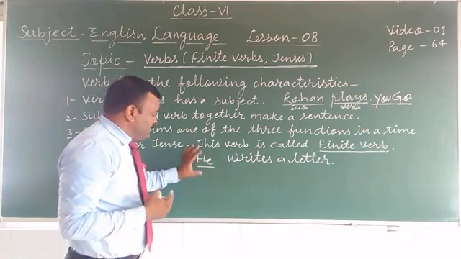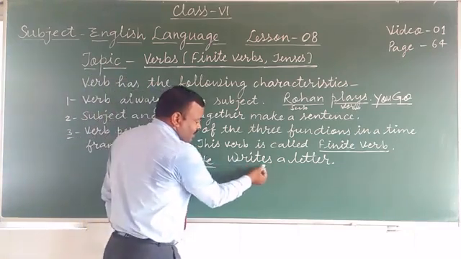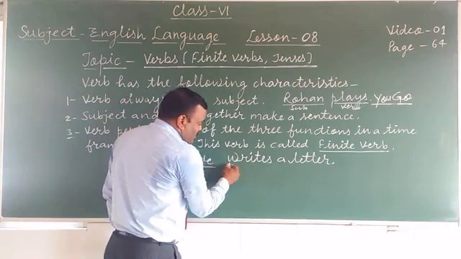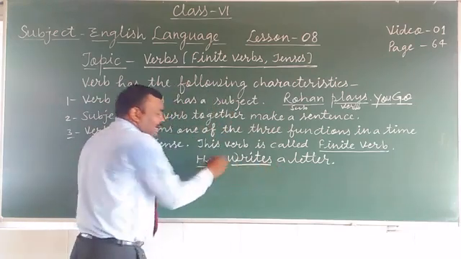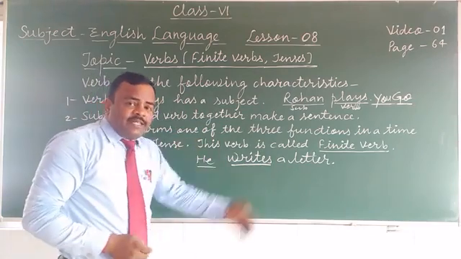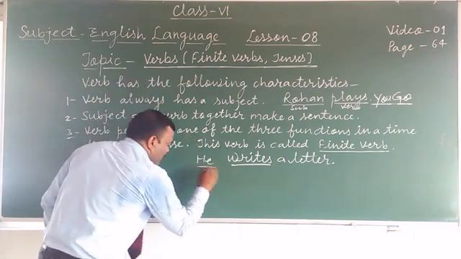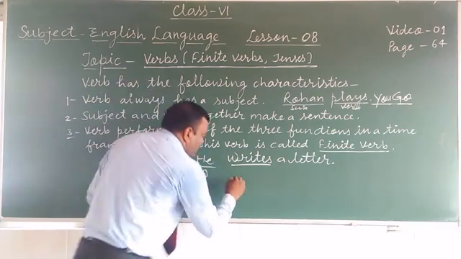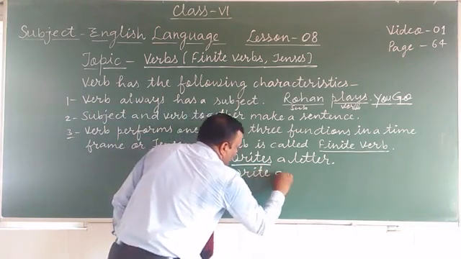Subject. Here singular subject, so in present indefinite we add s or es. So he writes a letter. So here writes is the verb. But if we change the person to I, what will be the verb? I write a letter.